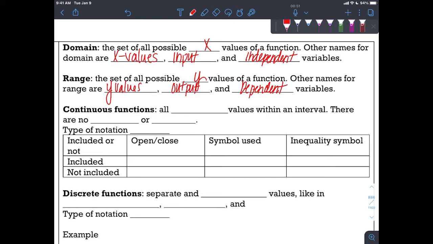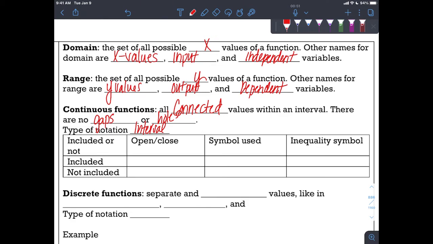Now, continuous functions are those that are completely connected. Meaning I can connect all of them. They're not separate points. There are no gaps or holes. And we use the special type of notation called interval, meaning we're going to use those inequality symbols. Okay? Now, of course, there's a couple of different things that we can use with this.